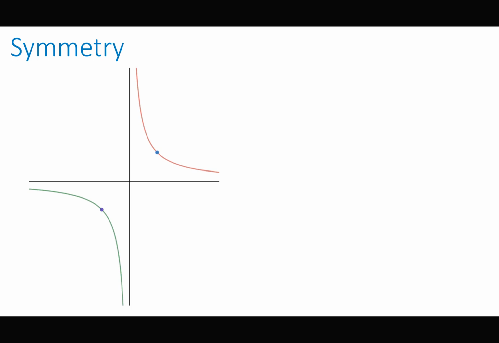All right, and then one more. So this, we have some coordinate x comma y and some coordinate of negative x comma negative y. Does anybody know what this shape is called?